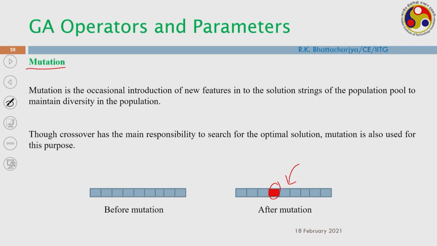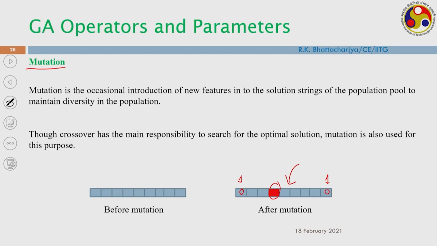If you recall, suppose this value is 0 and after mutation it becomes 1, then you are adding 1 to the decoded value. Whatever decoded value it was earlier, you are adding another 1 to it. But if this value was 0 and you are putting 1, or if it is 1 and you are putting 0, there will be a huge change in the decoded value.